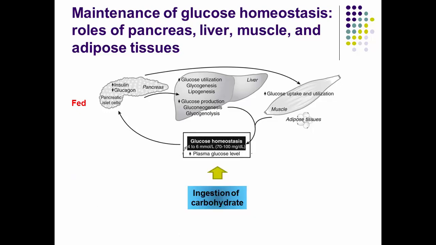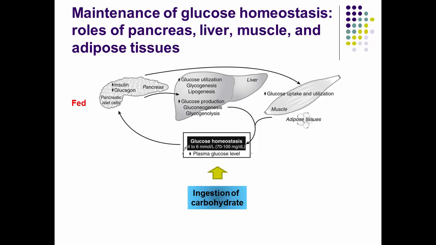Let's talk about the fed condition. So we have ingestion of a carbohydrate, which leads to increased glucose level. And the first reactive tissue is the pancreas, right? The increased blood glucose levels stimulate insulin release. So insulin levels are increased, and this is a sort of second tier response, you still remember, right?